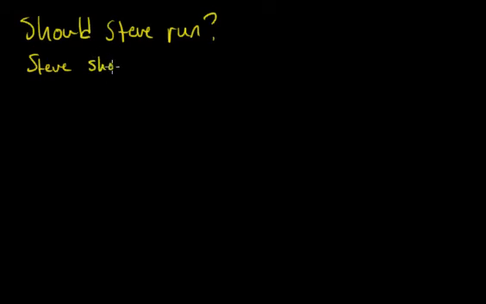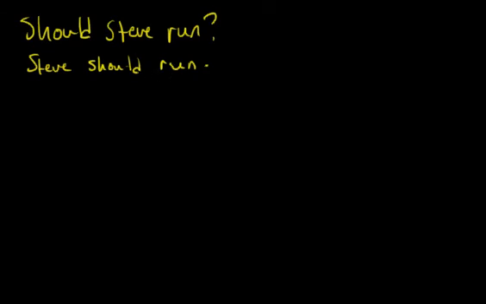Steve should run. The reason for this is our tree diagram, whether a sentence is a question or a statement, is the same. So whenever you see a question, see if you can rewrite it as a statement, because this will make diagramming it much easier.